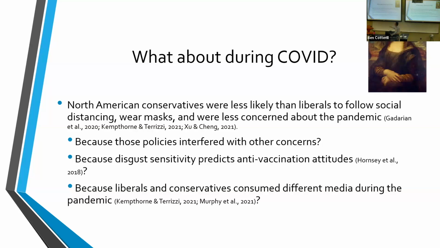And it may be the case that lockdowns and other policies were threatening what Republicans valued, other than their protection from pathogens. So the fact that it may have damaged the economy, the fact that their rights would have been restricted, and so on. So people value more than just one thing, and one thing doesn't dictate how they will behave in a scenario. It's influenced by a wide range of things.